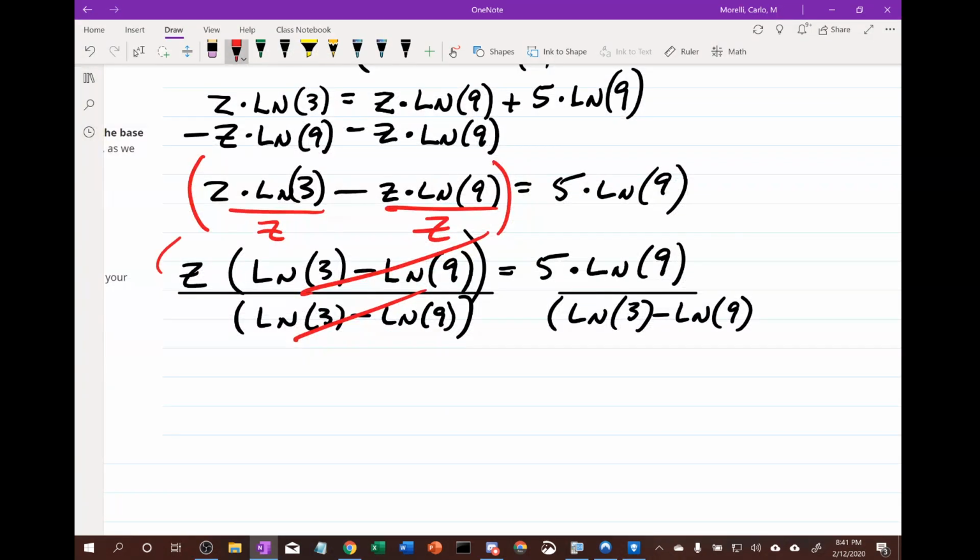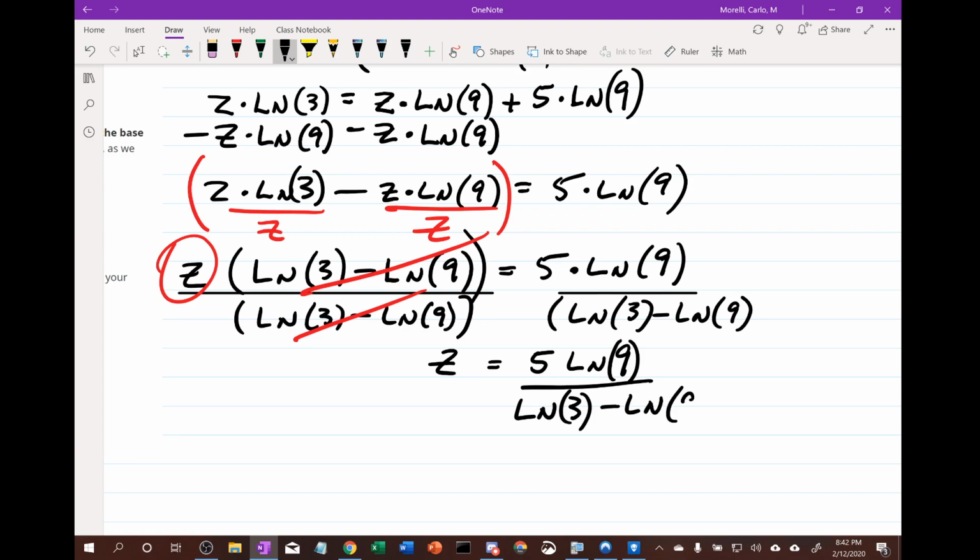And now I've got z all by itself, which is what I wanted. So z equals 5 ln 9 divided by ln 3 minus ln 9. Okay.